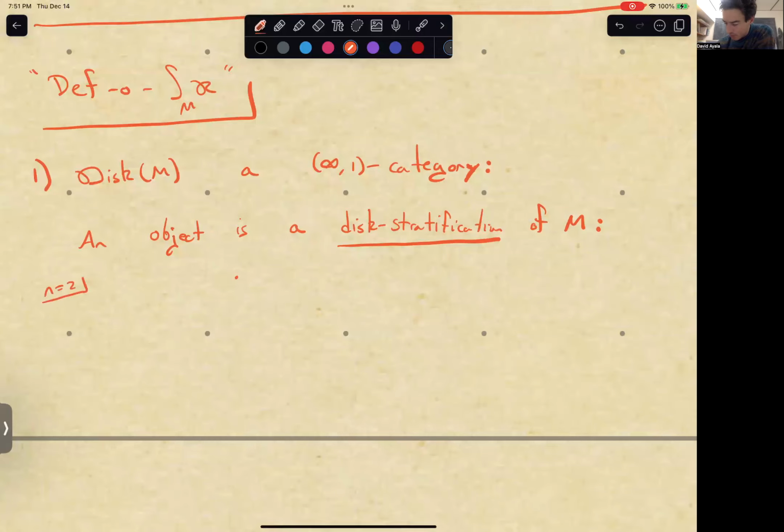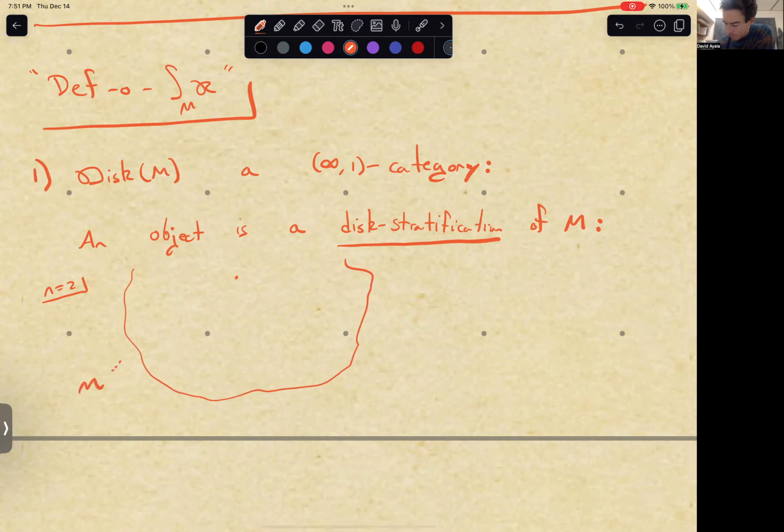And imagine we're just looking at a patch of M. A disk stratification then is a stratification of M which looks something like this.